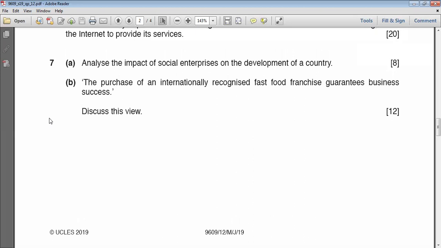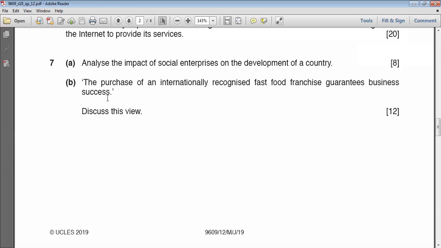While for 7B, the purchase of an internationally recognized fast food franchise guarantees business success. Discuss this view. Again, same method, same strategy. Does the purchase of an internationally recognized fast food franchise guarantee success or not? You would say that yes, it guarantees, and explain why. After that, you would make the counter argument that it does not guarantee, and elaborate the points why it doesn't.